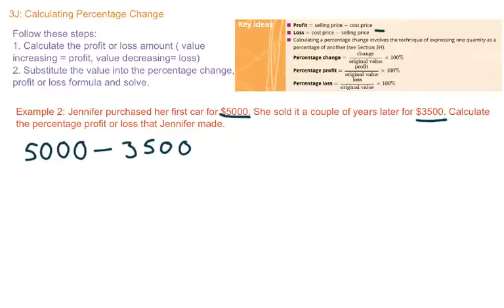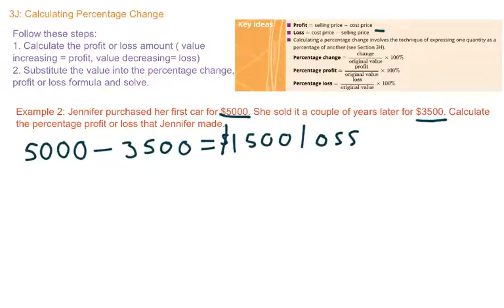Now, if you're not very good at subtraction, you can type this into your calculator and it should come out with 1,500. Let's not forget our dollar sign. So this tells us that Jennifer has made a $1,500 loss. Okay, so that's the first step done.